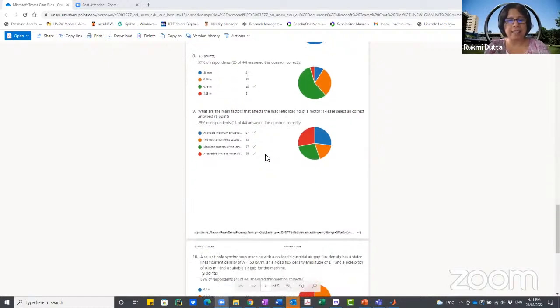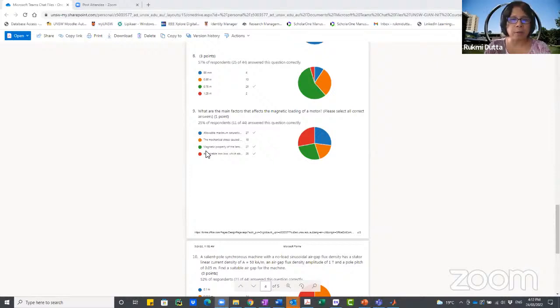Then the other one was what affects the magnetic loading of a machine. There were, in fact, multiple answers for this question, and again the majority of you got the 3 correct answers. Magnetic loading is affected by the allowed maximum saturation in the material.